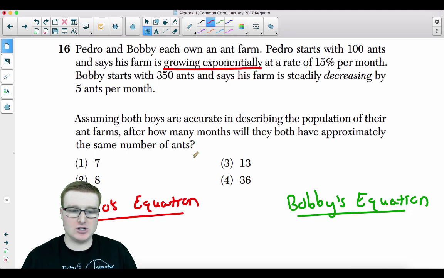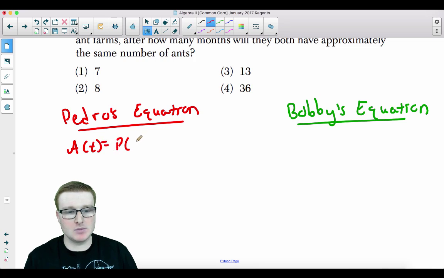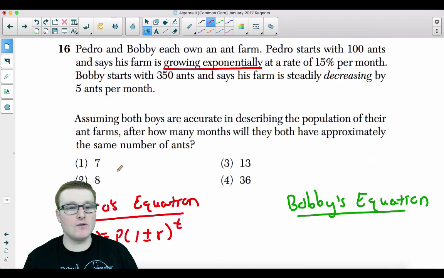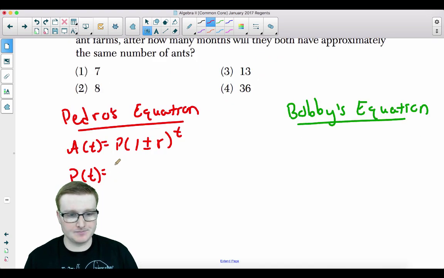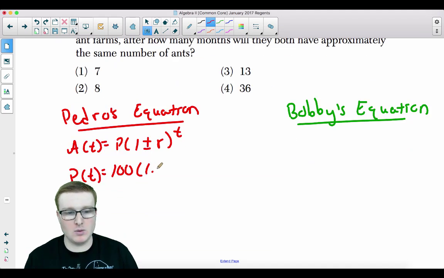Exponential growth is modeled, remember, by A of t equals the principal times 1 plus or minus a rate raised to the t power. In this case, I'm going to call his letter P for Pedro. So P of t is equal to the principal. He started off with 100 ants, and he's saying it's increasing by 15% per month. So that's 1.15, raised to the t power.